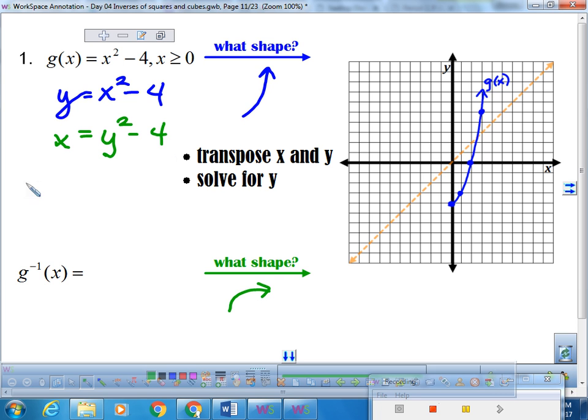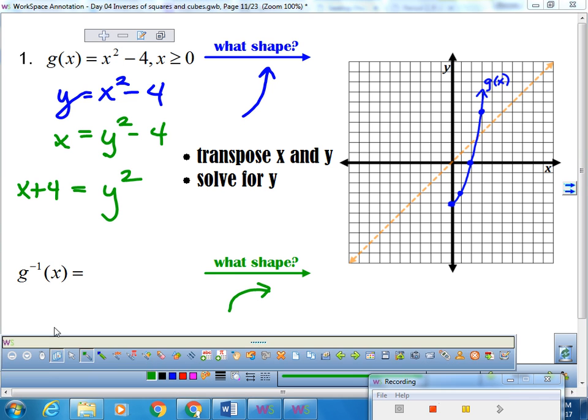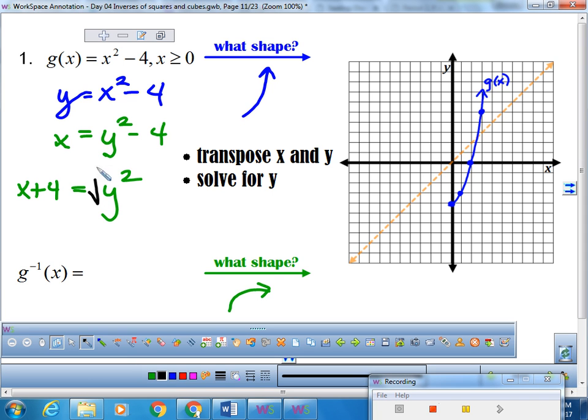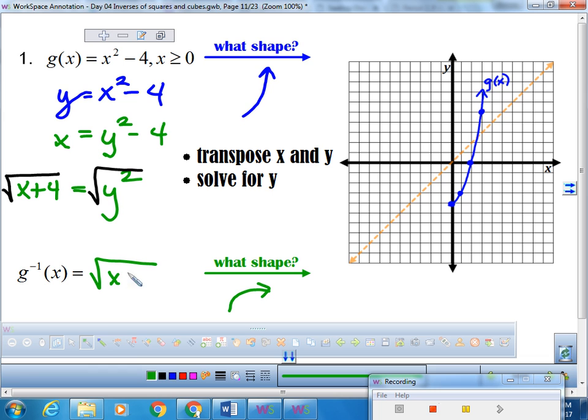Add 4 to both sides, so I get x plus 4 equals y squared. How do I get rid of a square? I do the inverse, which is square rooting. So I square root both sides, and I get g of x equals the square root of x plus 4.